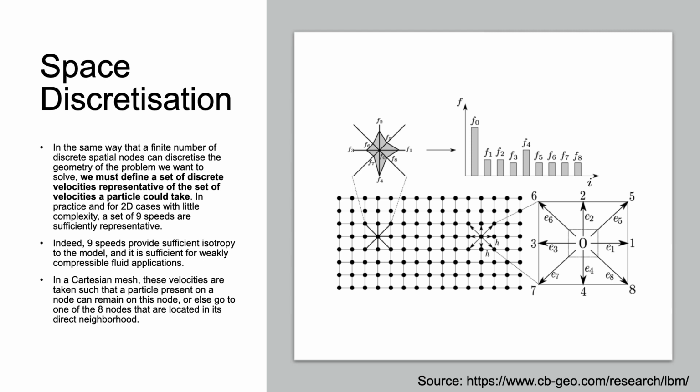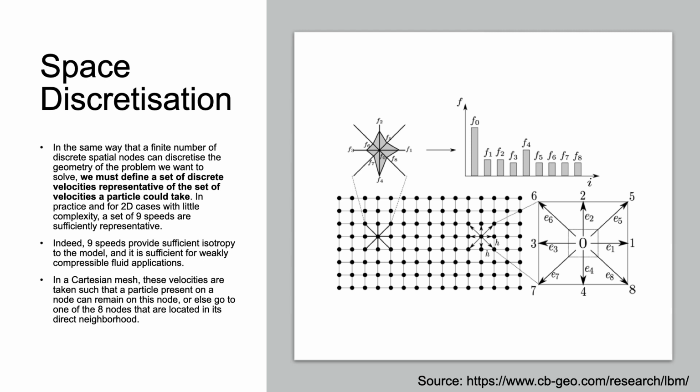So there are 9 speeds which will allow a particle to go from one node to another. So basically this kind of mesh has to be represented for this kind of 2D model.